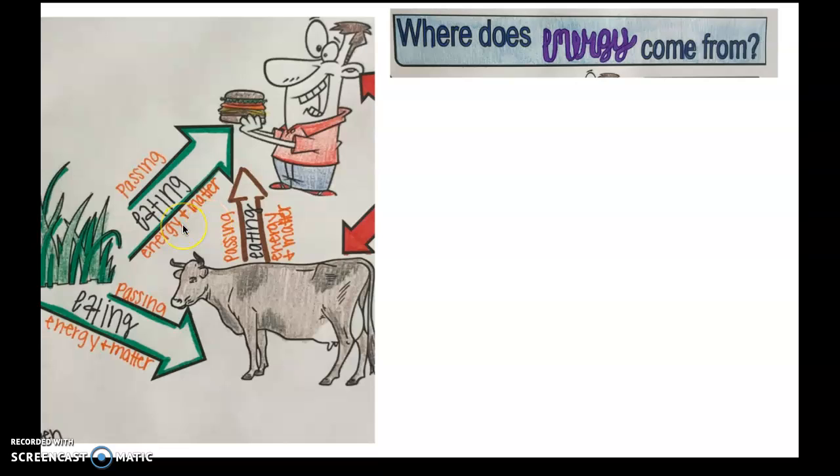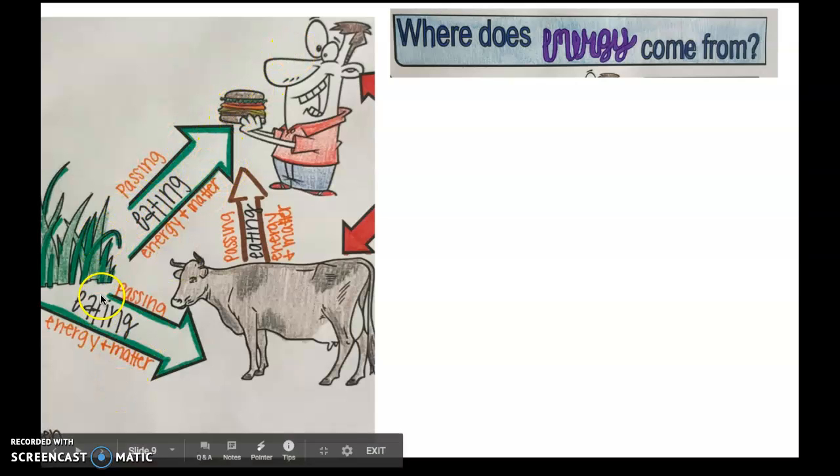Now let's look. Remember we said that we pass energy in a food web or food system by eating. So these arrows indicate eating, so let's write that down in your notes. And I'd also like you to know that they're passing energy and matter as they eat. So in this case, we've got the lettuce on my hamburger or my cow that eats the grass as it grazes.